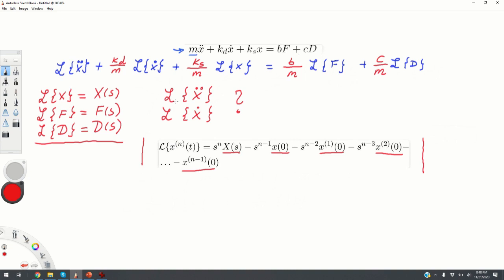So let us simply apply this formula to the Laplace transform of the second derivative of x and to the first derivative of x.